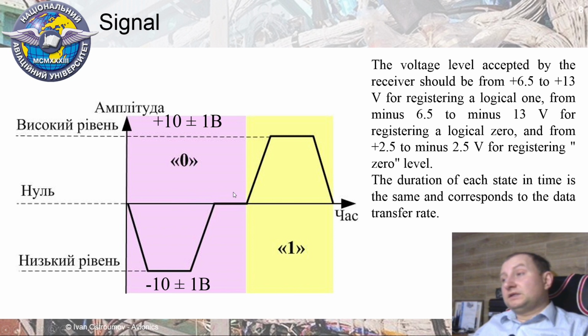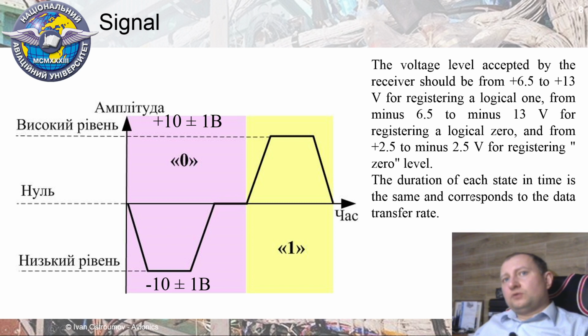And on the receiver side, we use levels from plus 2.5 volts up to minus 2.5 volts to detect the broken data channel state.